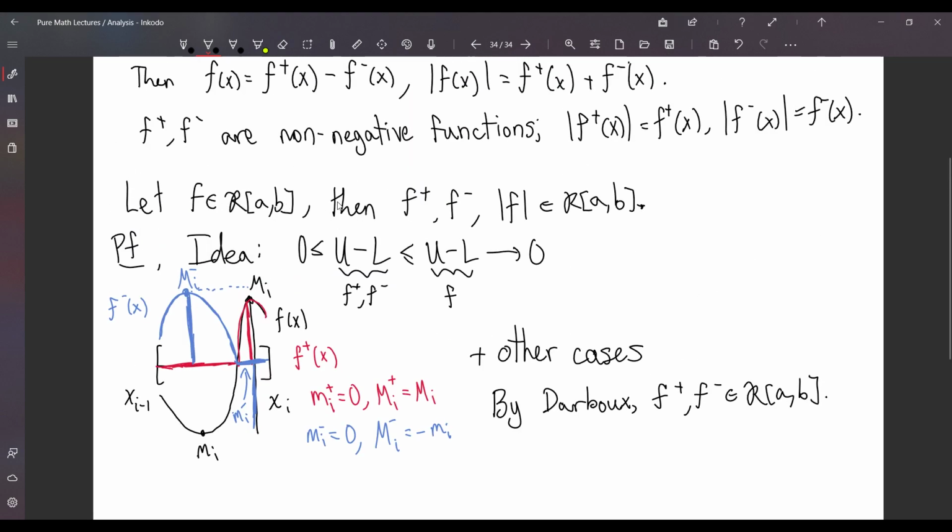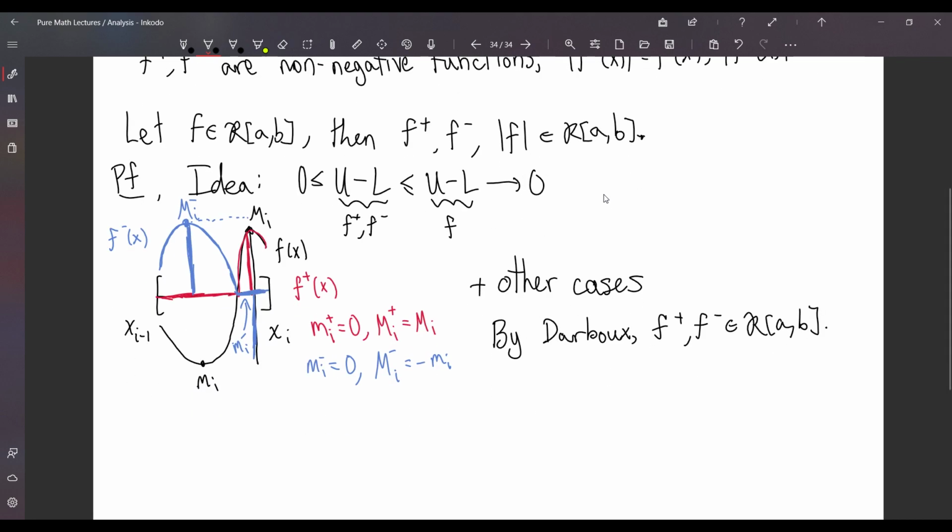Now to finish, we claim that the absolute value of f is Riemann integrable, and that just follows from R of [a,b] being a vector space, by the vector space property.